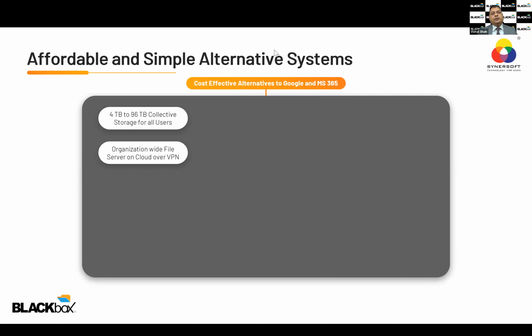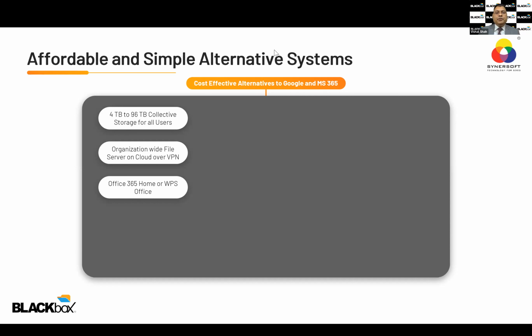Then we have Office 365 Home or WPS Office. Now let me come to this. If you want Word, Excel, PowerPoint type of applications, you don't need to buy O365 kind of per user per year subscription. A very good alternative to that is WPS Office. You can check that on the website.